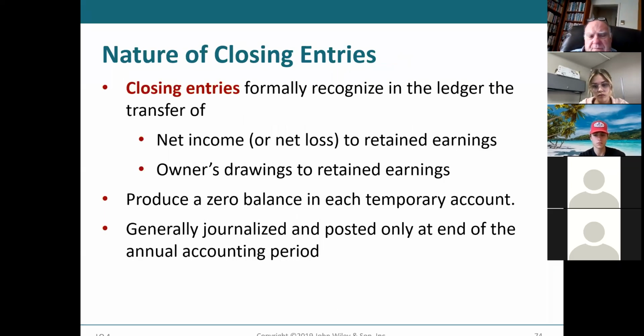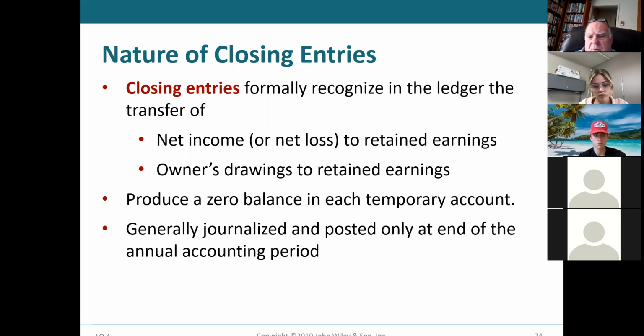All we're going to do now is start with the revenues. Revenues have a normal credit balance, right? We're going to debit the revenue account, and we're going to credit income summary, which is a temporary account.